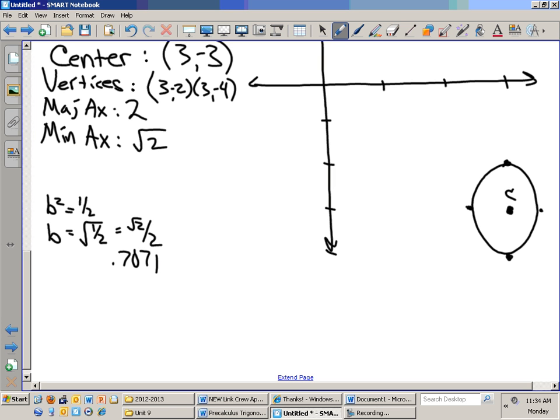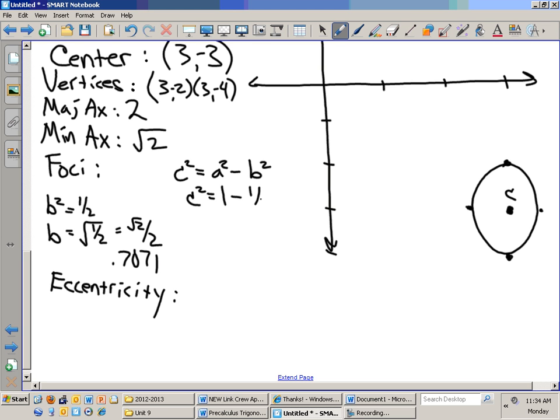And there's one last characteristic we need to find, too. We need foci, and we need eccentricity. We'll get to eccentricity in a second. Foci, I use the formula. C squared is equal to A squared minus B squared. Or C squared is equal to 1 minus 1/2. So C squared is 1/2. When I square root 1/2, what do I get?